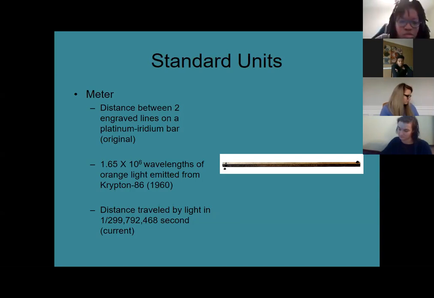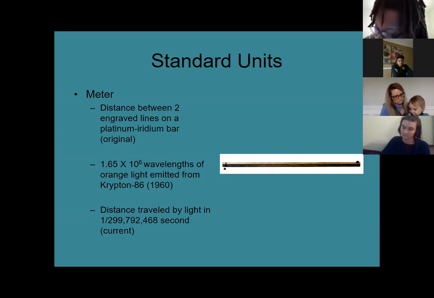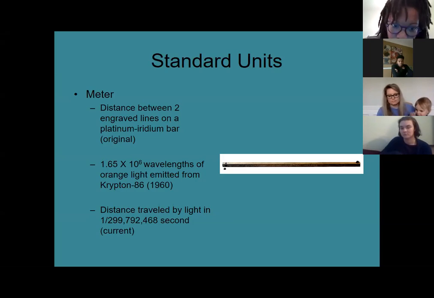So the current definition of a meter is the distance traveled by light in 1/299,792,468 of a second. So obviously a very specific definition. If somebody asked me how far was a meter, well, I just hold my arms apart about this far, you know. But again, very technical, very specific definitions by the Standards Bureau.